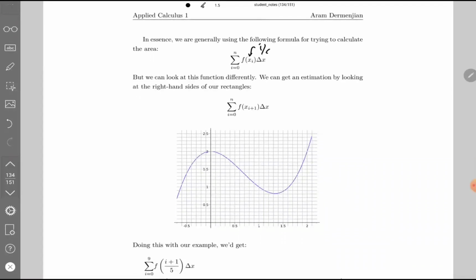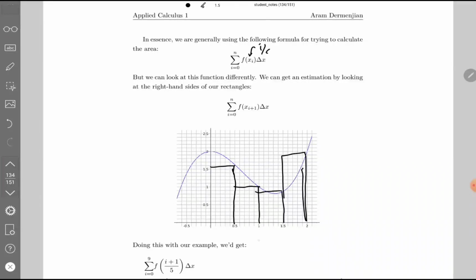But we can also change kind of how we do our rectangles, right? We can also look at our rectangles from the right-hand side. Here, remember, I'll do the bigger example. So if I were to do 1/2, what I can do is I can look at this rectangle, and then this rectangle, and then this rectangle, and then this rectangle, right?